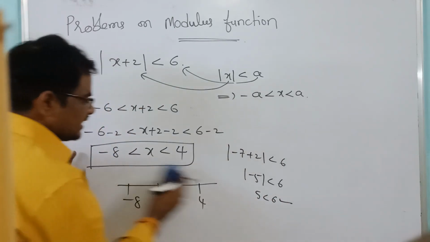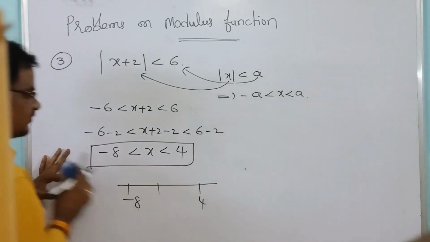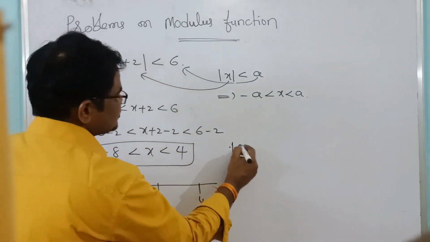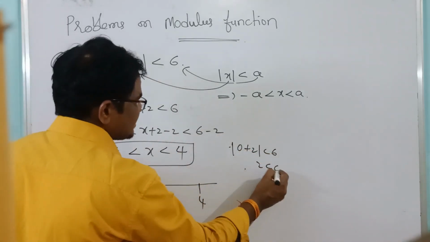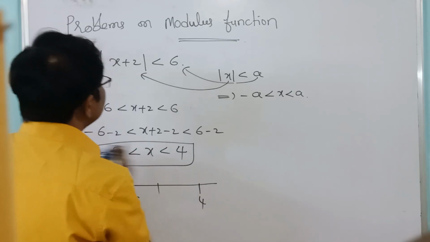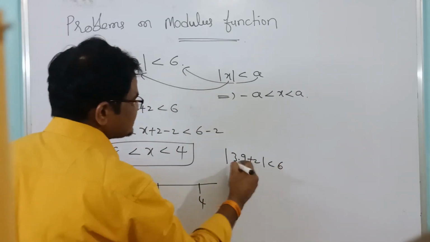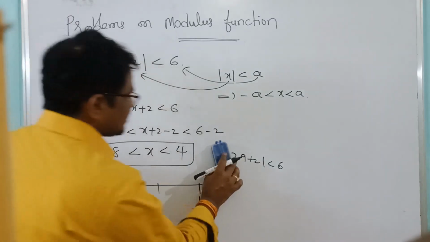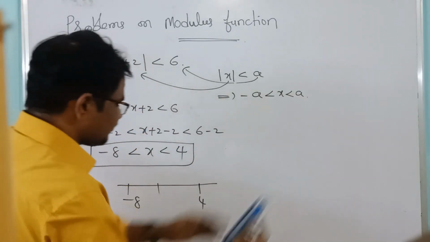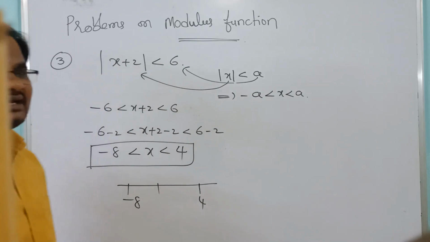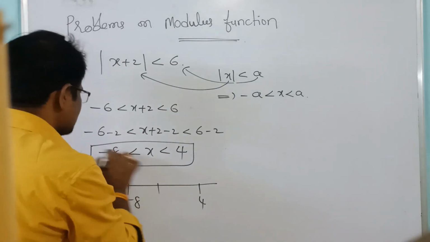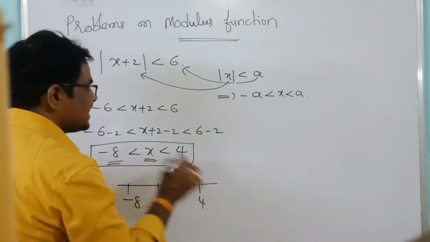Next, 0 also you can substitute: 0 plus 2 less than 6, 2 less than 6. Otherwise 3.9: modulus of 3.9 plus 2 is definitely less than 6 only. But if you take greater than 4 or less than minus 8, it is not satisfied. That's why our solution is minus 8 less than x less than 4.